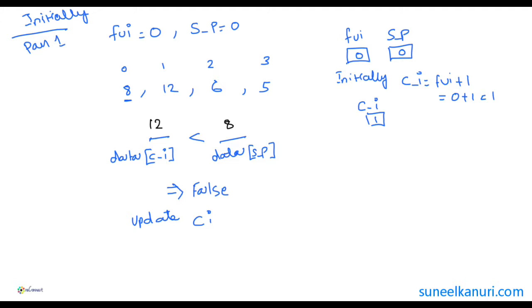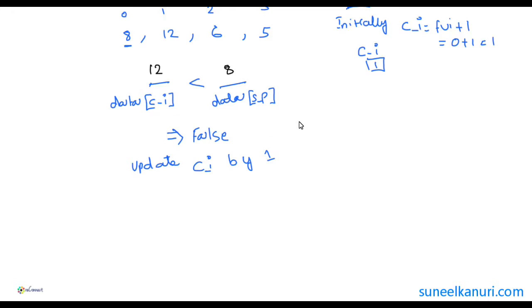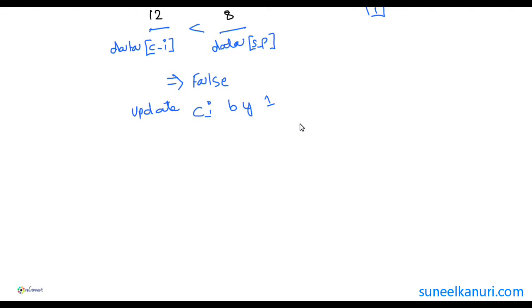C_I by 1, which brings us to the next iteration, once again writing our elements: indexes 0, 1, 2, and 3, with values 8, 12, 6, and 5.